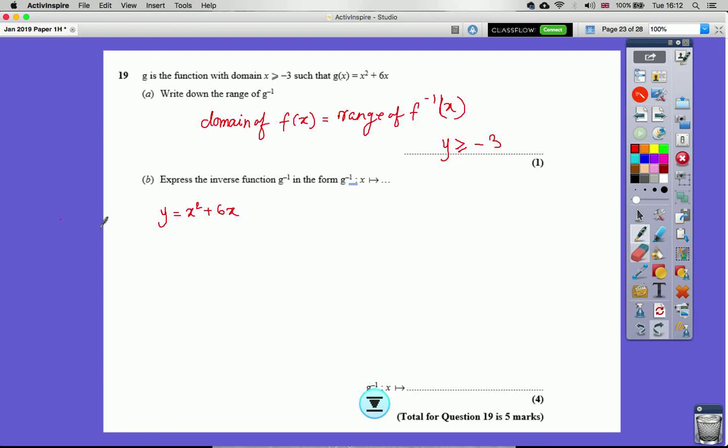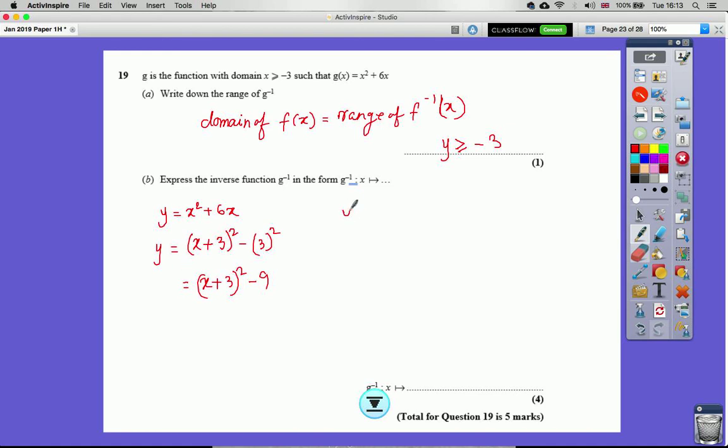This is a quadratic function, so I'm first going to write it in the form of a completed square.